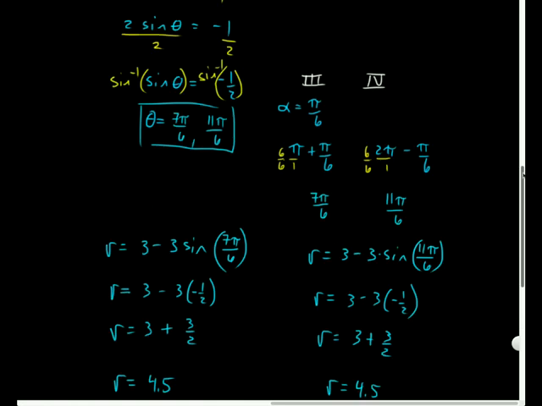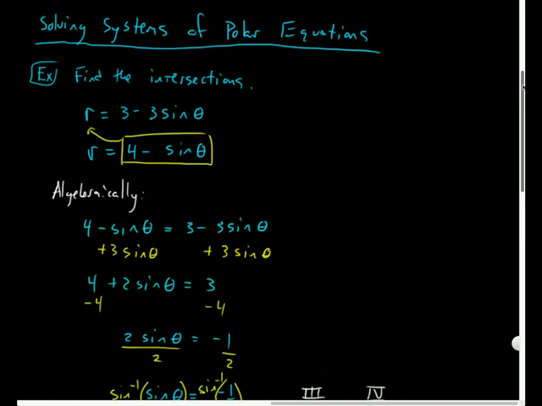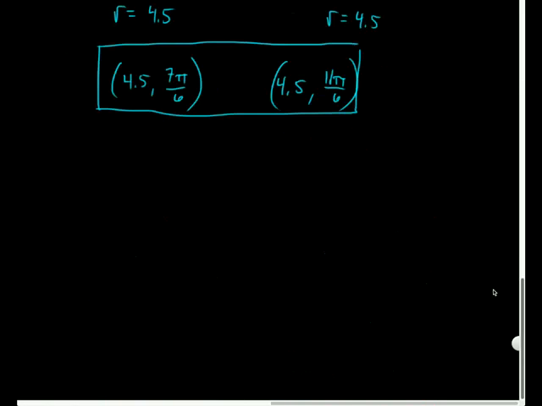All right, so this is how I could do this algebraically, where I just used substitution and did it from there. The other method I could use is graphically, and one of the things that's tricky is, for instance, this point right here, 4.5 comma 7 pi over 6, is the same as negative 4.5 comma pi over 6.